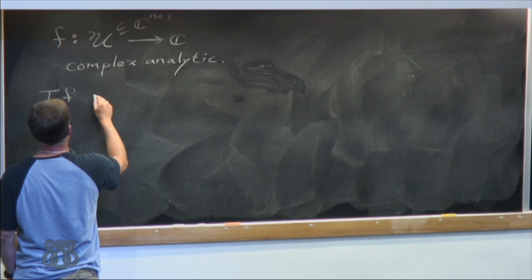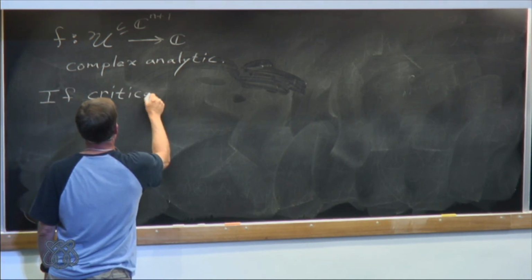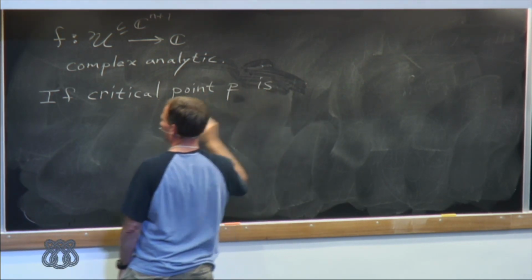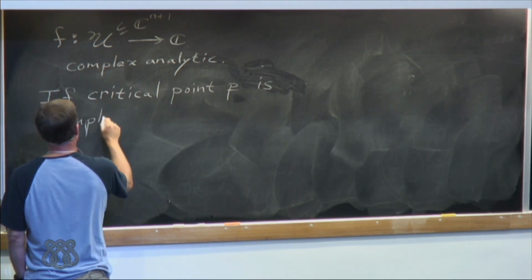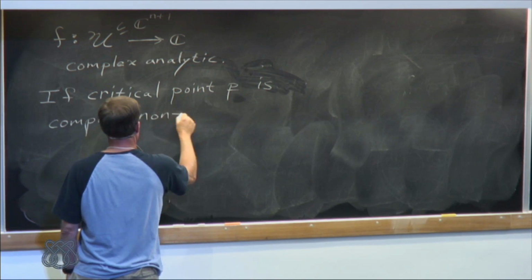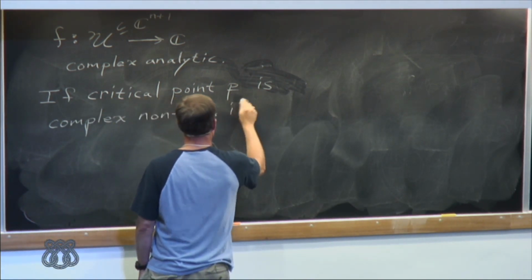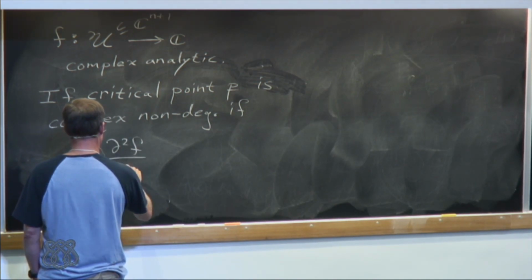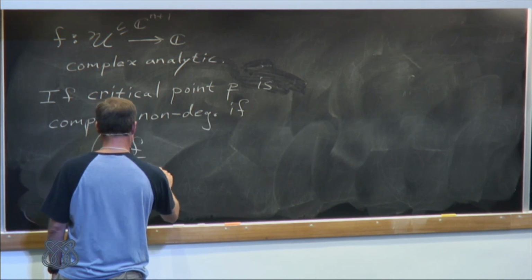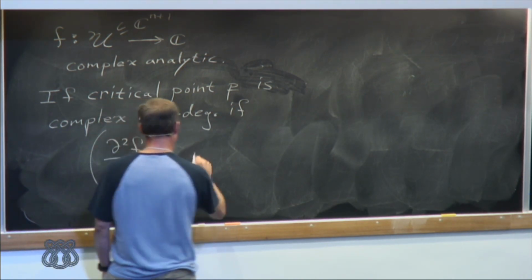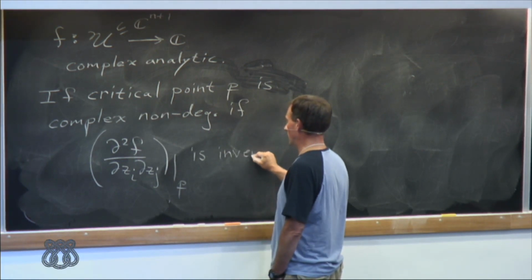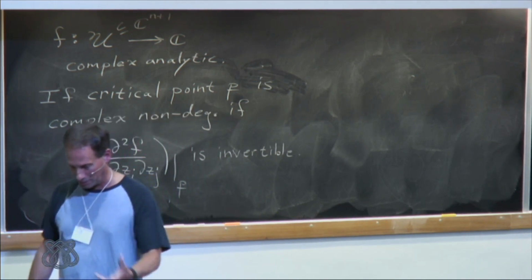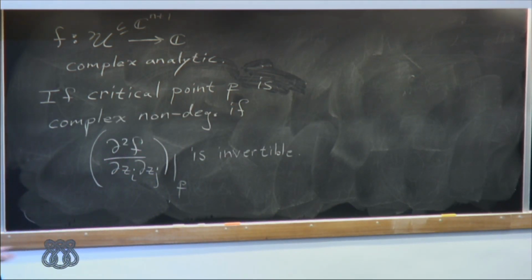A critical point P is complex non-degenerate if you take its complex analytic partial derivatives with respect to complex variables, and that matrix is invertible.